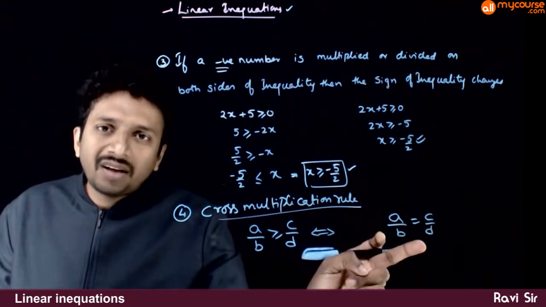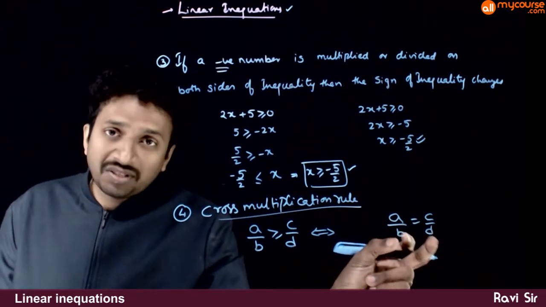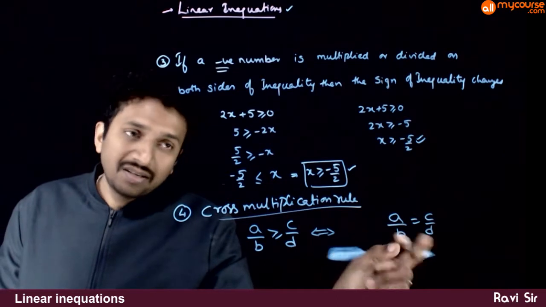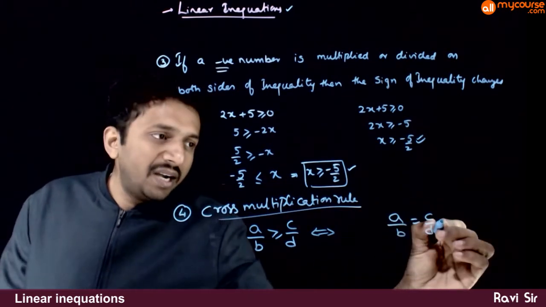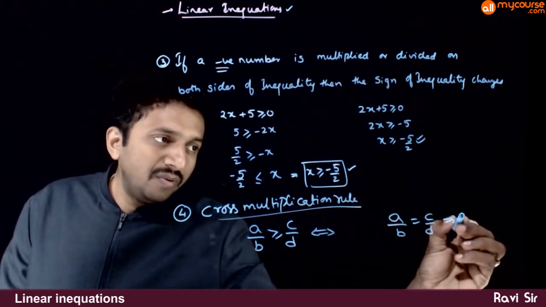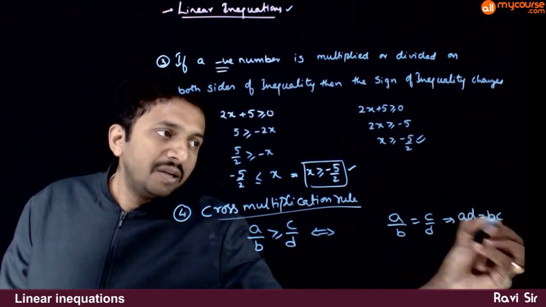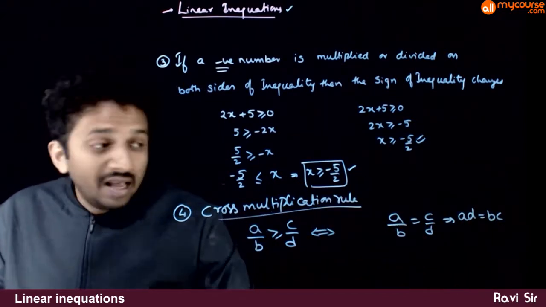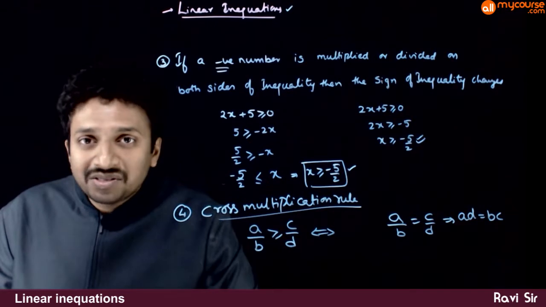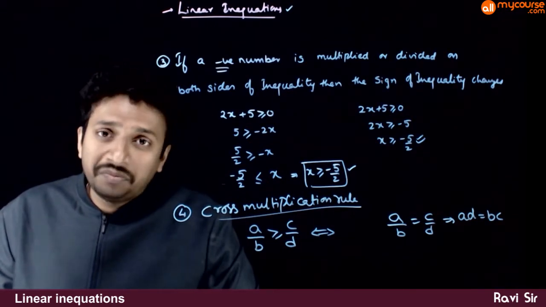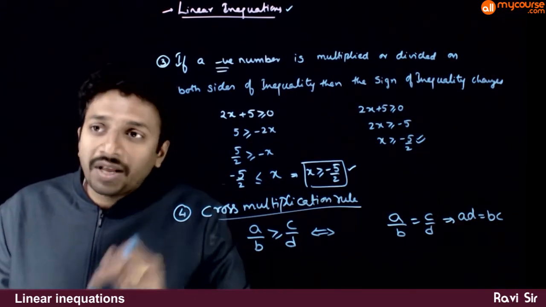You have encountered equations like this in your lower classes. If A by B is equal to C by D, we know the cross multiplication rule, which says that AD is equal to BC. Can we do the same thing with inequations? Yes and no. Let us see what can be done here.